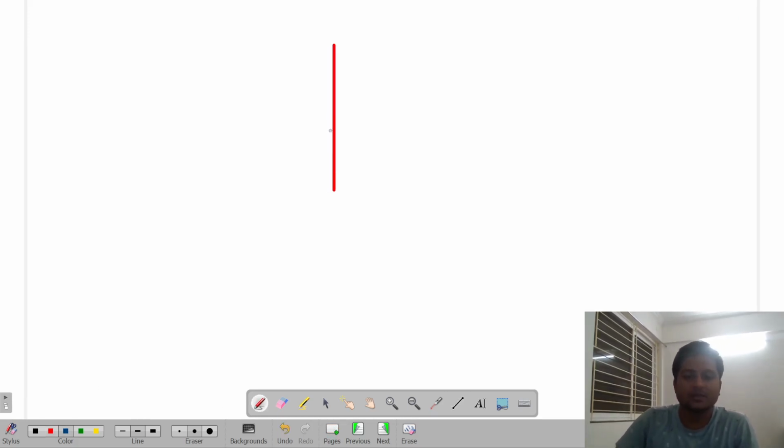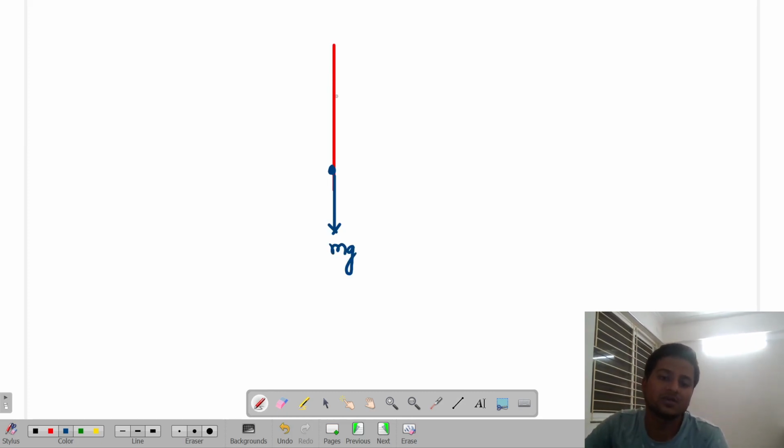Basically, the monkey is attached with the thread, isn't it? Monkey is hanging off the thread. So when he was at rest, he was pulling the thread by an amount equal to his weight, so that the thread will never break. That was exactly equal to how much? Mg. Wherever the monkey is on this thread, this mg is working. That we know. Are you able to get me or not?